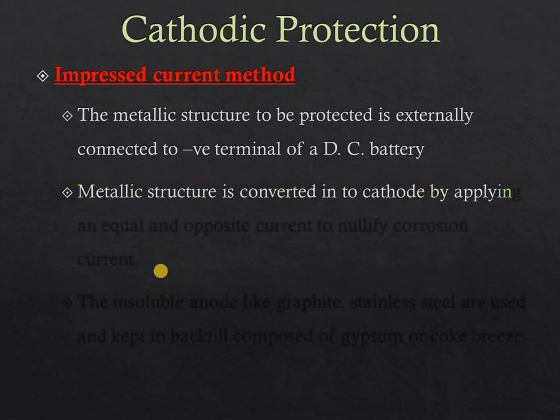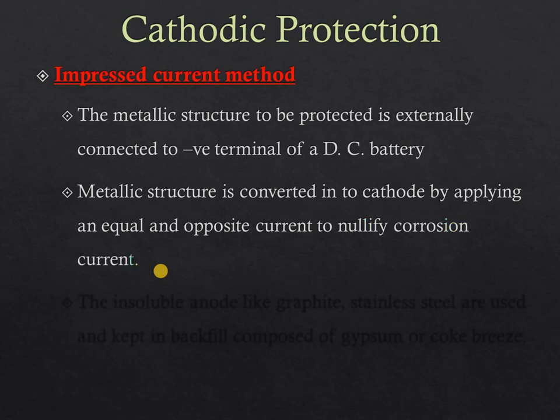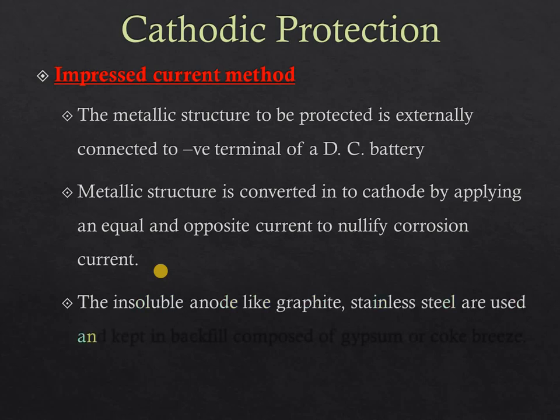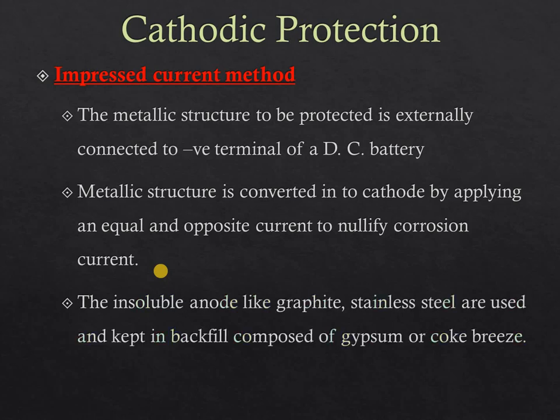The metallic structure is made a cathode by applying an equal and opposite current to nullify the corrosion current. The positive end of the DC battery is connected to an insoluble anode like graphite or stainless steel, and this anode is kept in a backfill composed of gypsum or coke breeze.